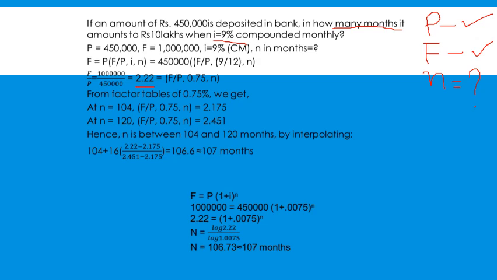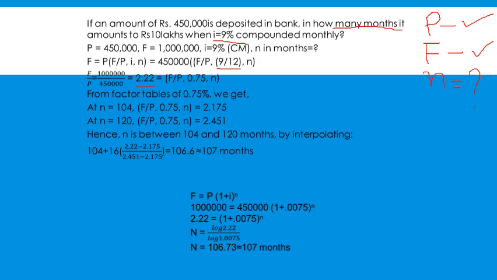You get it as 2.22. Now, why have I used this 9 by 12 here? I have used 9 by 12 here because, if you remember, I had told you that when I is compounded monthly, I becomes I by 12. That value is being used here.